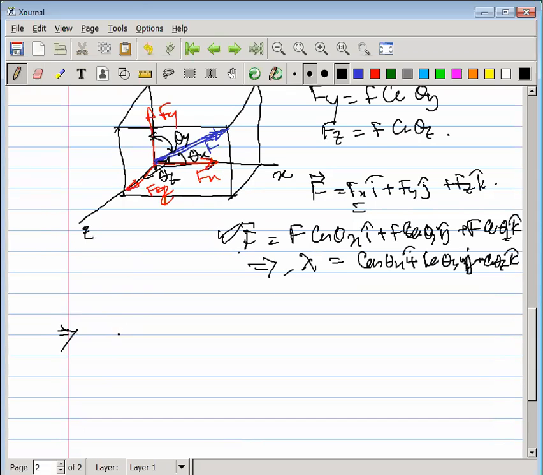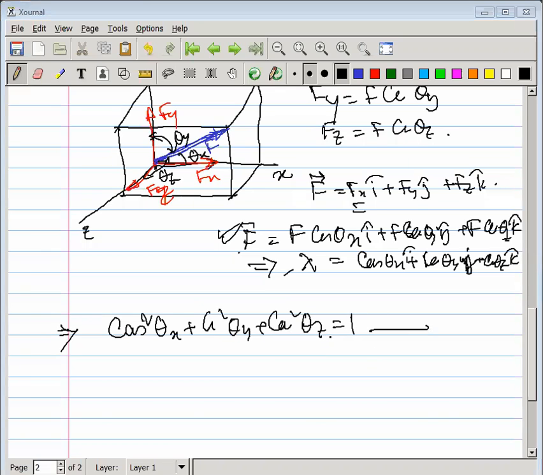Now from there you can easily write, this is a vector form, that cos square theta x plus cos square theta y plus cos square theta z is equal to 1. Okay, this is the equation. And you all know the F vector is equal to Fx i plus Fy j plus Fz k.